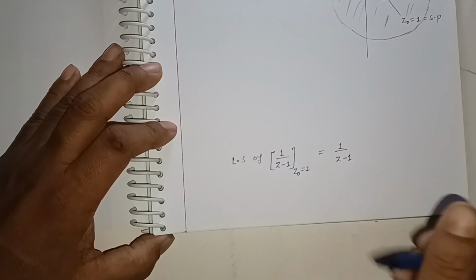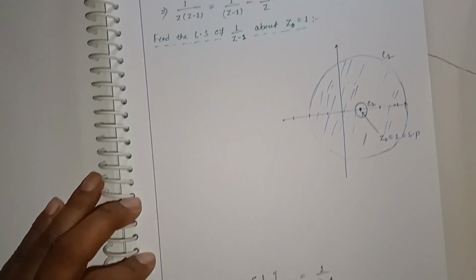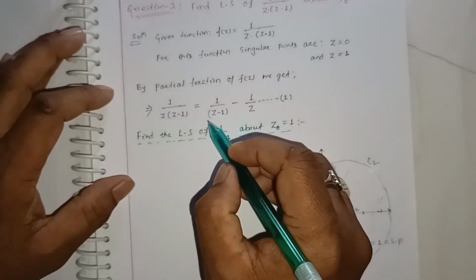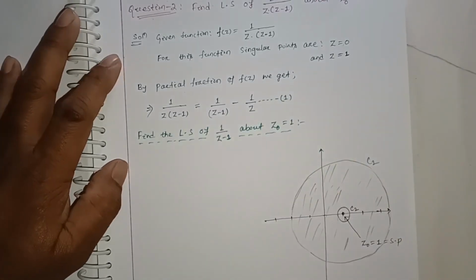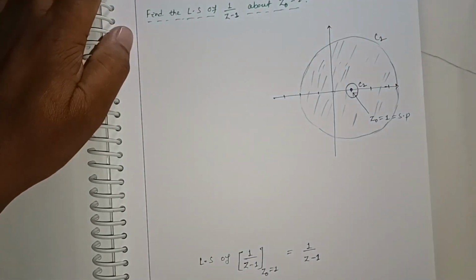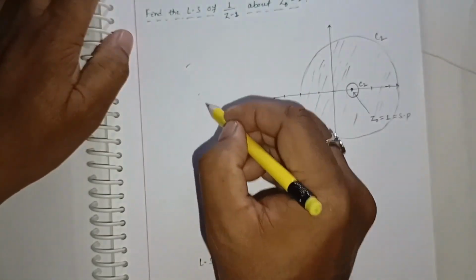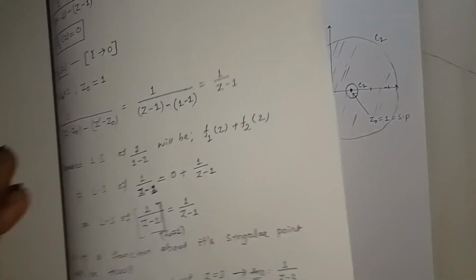Similarly you write all the steps here, don't skip. Finally the Laurent series of 1 by z minus 1 about z0 equal to 1 is 1 by z minus 1. So the first part is finished. Don't skip, write all the steps written here.